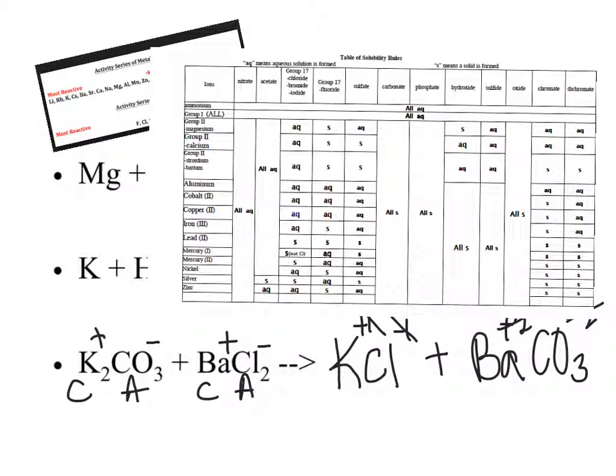So now let's look for barium and carbonate. So we're going to find barium, and barium is in group 2, and he's not magnesium and he's not calcium. So we're going to look at this column, or row, and then we're going to find carbonate.